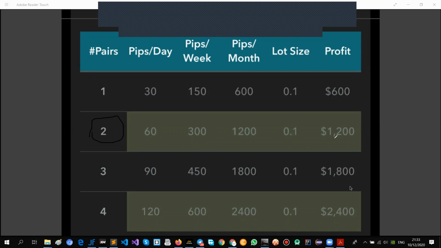And this is consistent. Imagine getting this amount of money just by sticking to the rules and being patient with yourself and with the strategy. Just imagine that. That's a lot, guys.